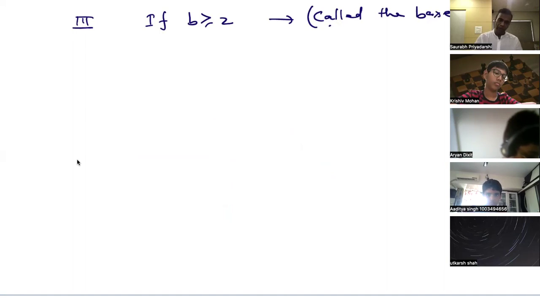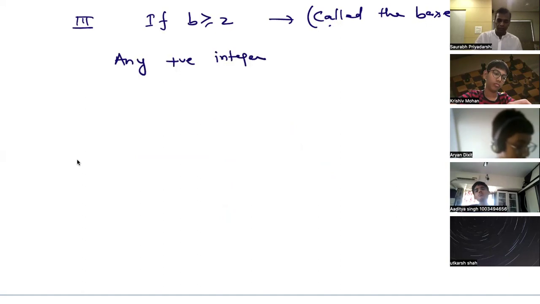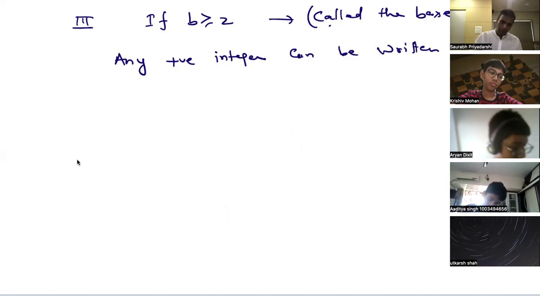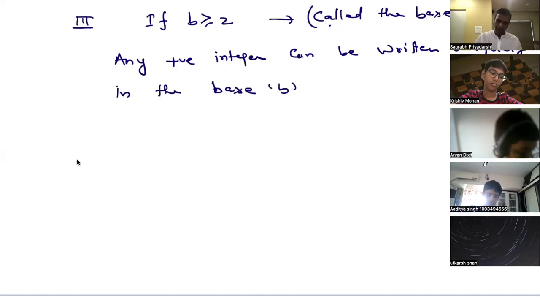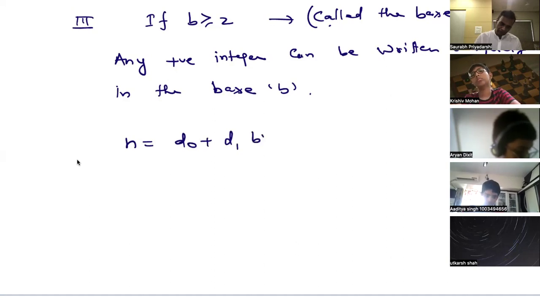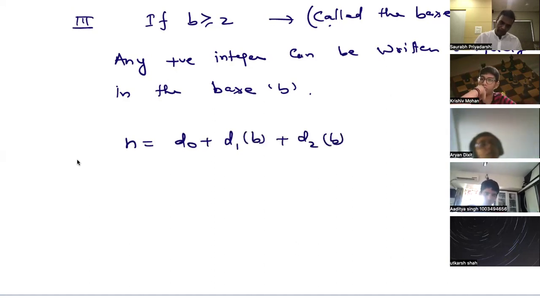Any positive integer, as I said, can be written uniquely in the base B. It must be in the form of digits: D0 plus D1 into B plus D2 into B square plus D3 into B cube up to Dk into B to the power k.